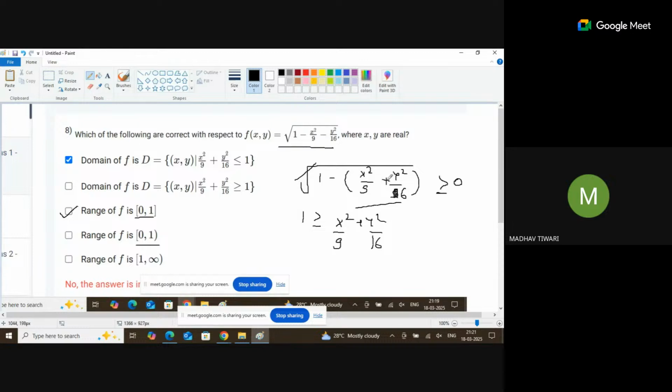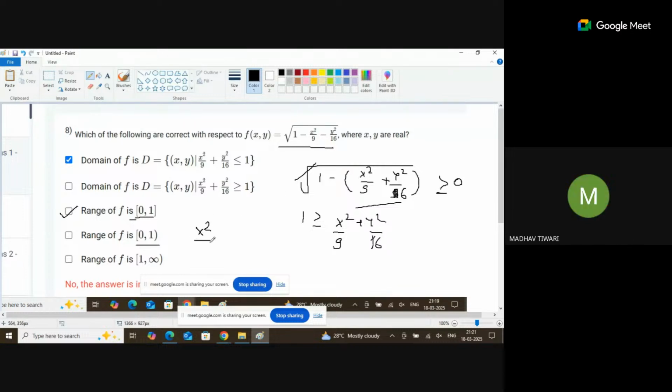Why? Because if we consider 1 and this for the range, then it will become 0, no? If you consider this equals 1, then 0 will be included. Yes, sir.